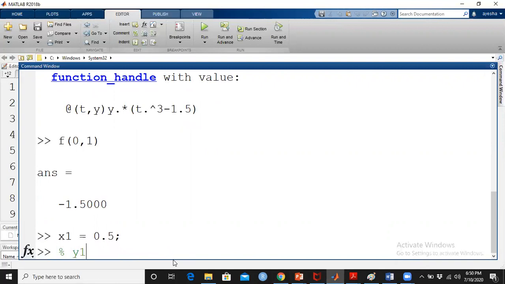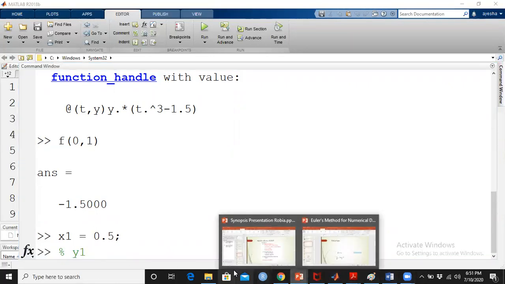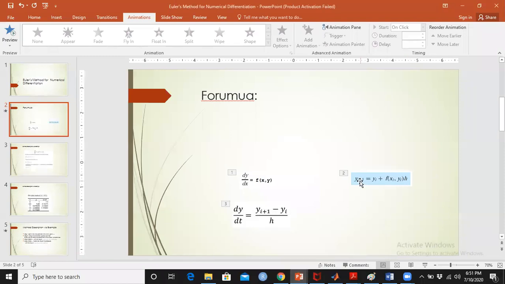So put i is equal to 0 in this formula. What am I asking you to do? On your notebook, substitute here in equation 2, i is equal to 0. What will you get? y1 is equal to y0 plus f of x0, y0 times h.